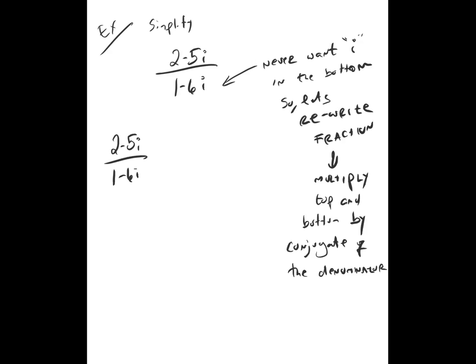We multiply the top and the bottom by the conjugate of the denominator. Anyone know why? Why would it be a good idea to multiply by the conjugate of the denominator? It was a real number. Very good. Great job. It gives us a real number, right?